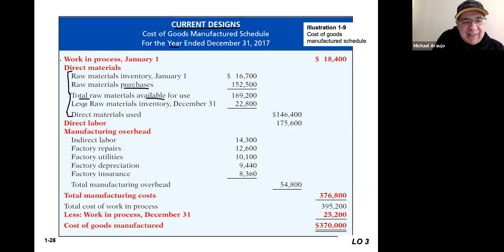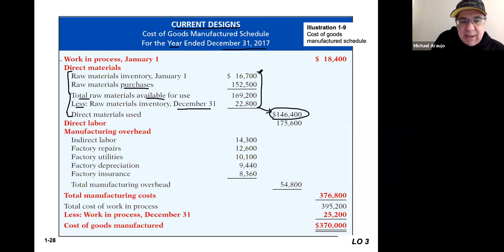Then they subtract out the ending raw material at the end of the period, which is December 31st. The difference is considered the direct materials that they've used that year. So these numbers are basically there to calculate the $146,400.